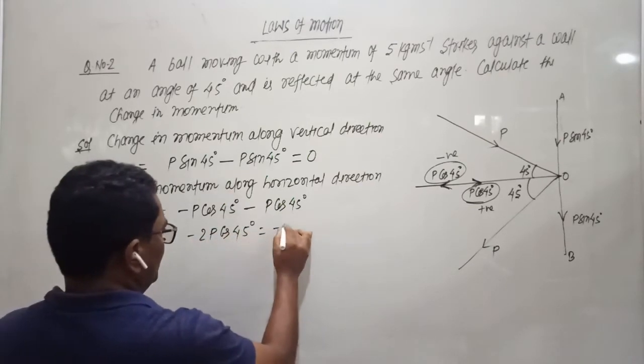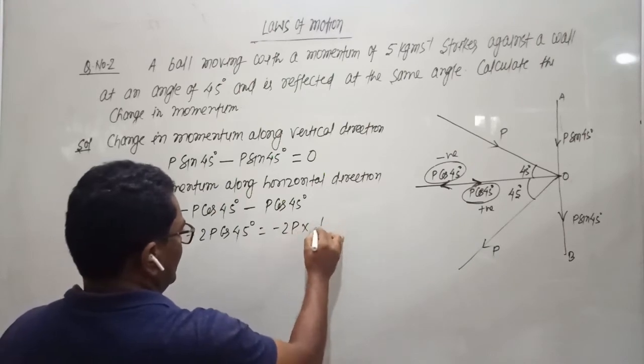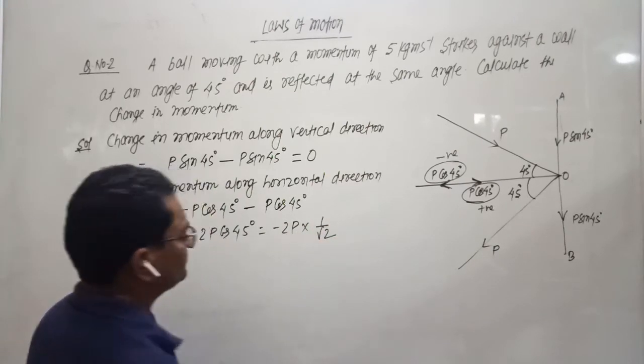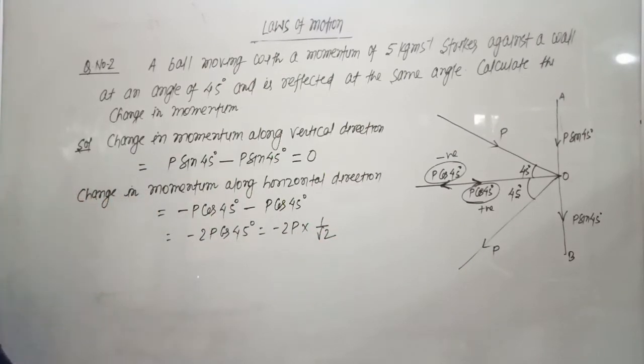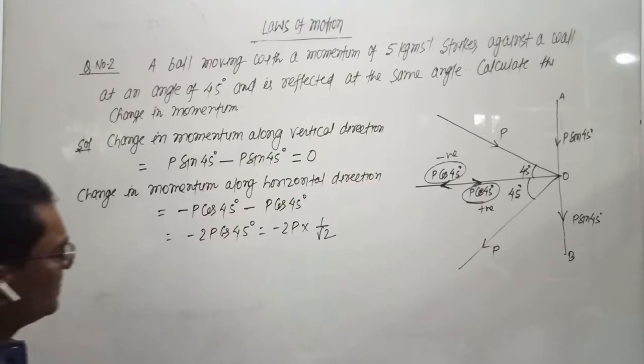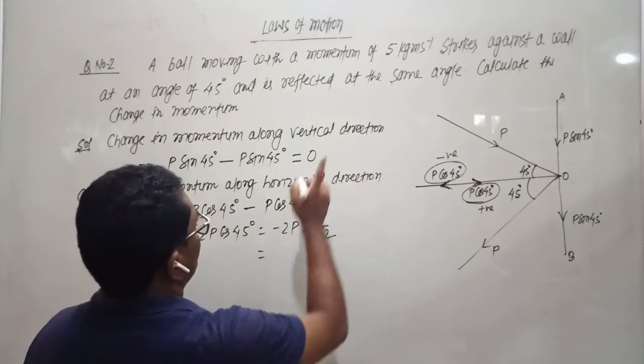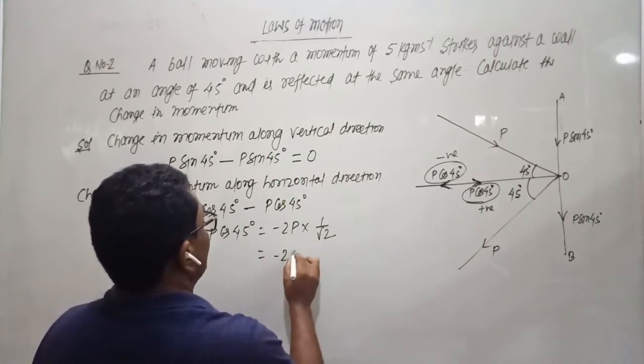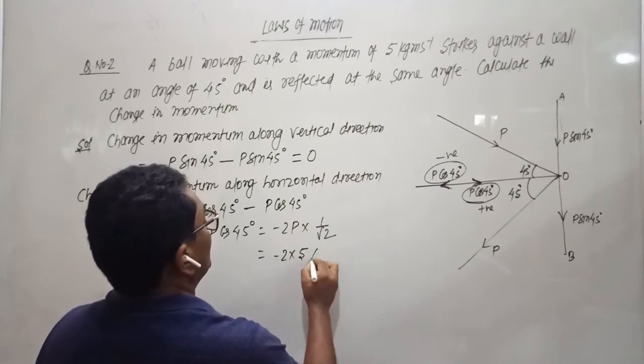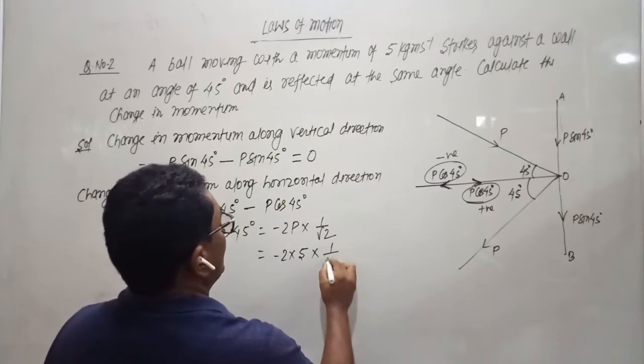The value of cos 45 degrees is 1 by root 2. So we get minus 2P into 1 by root 2. The value of P is also given, the value of P is 5. So minus 2 into 5 into 1 by root 2.